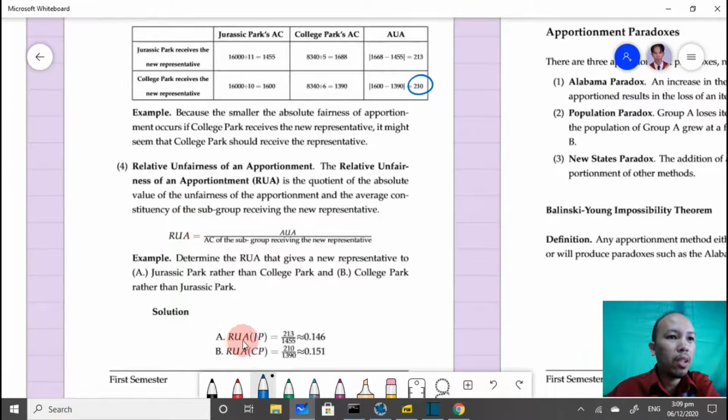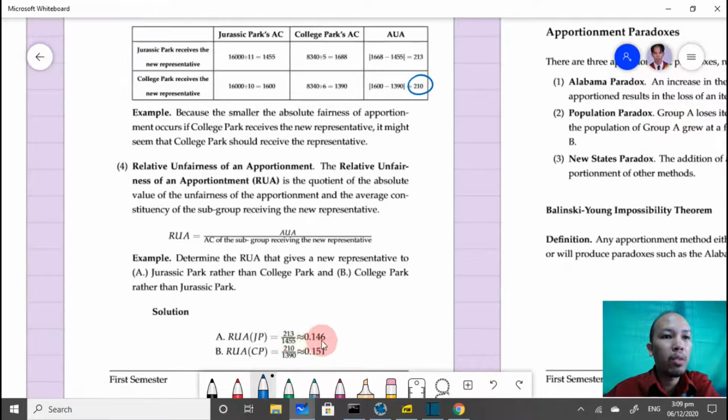The relative unfairness of the Jurassic Park is AUA, this one, AUA, is 213. For the Jurassic Park here, we have 213 divided by AC, the average constituency of the subgroup receiving the new representative. We have plus 1 here. Okay, so we have 1455.